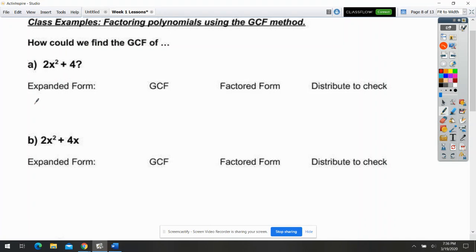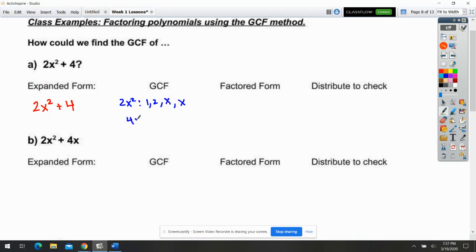So the expanded form is the original, 2x squared plus 4. So what is the GCF of this binomial? What I like to do, as I've done on the first page, is write out the factors of each term. So we have 2x squared. The factors of 2 are 1 and 2, and x squared consists of 2 x's.